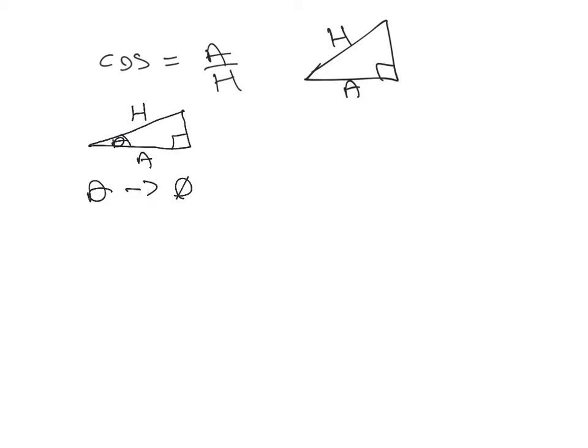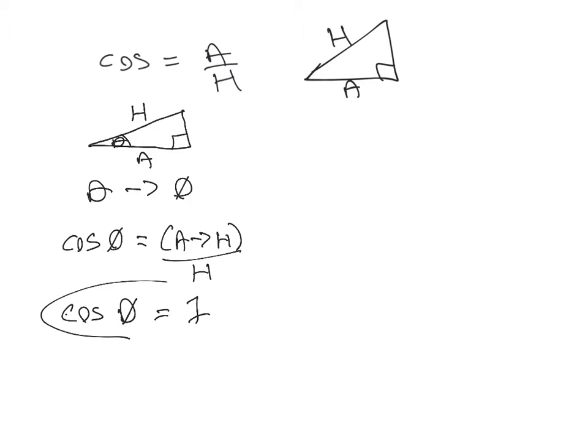So we have cos of 0. This is calculated by adjacent over hypotenuse, but the adjacent is going to tend towards the same size as the hypotenuse, divided by the hypotenuse. And anything divided by itself is 1. So the cos of 0 degrees is 1.